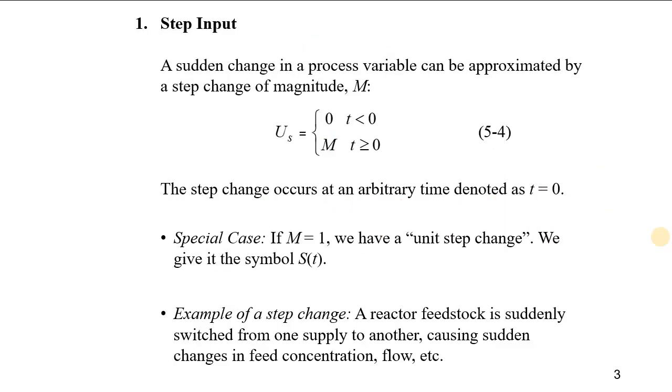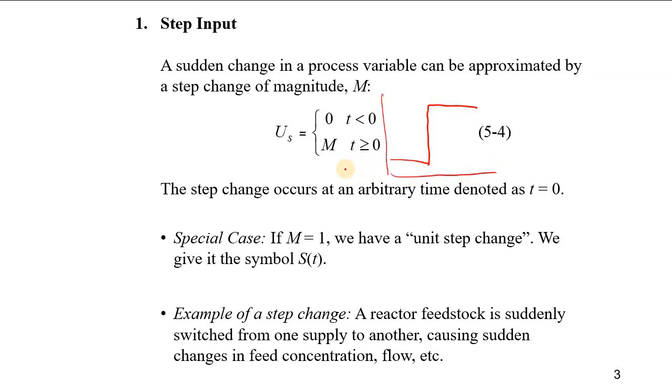And if you just look at it, any step input of a sudden change, so a sudden change in a process variable can be approximated by a step change of magnitude m. Okay, so what this equation means is that it changed from a certain position to a new position.